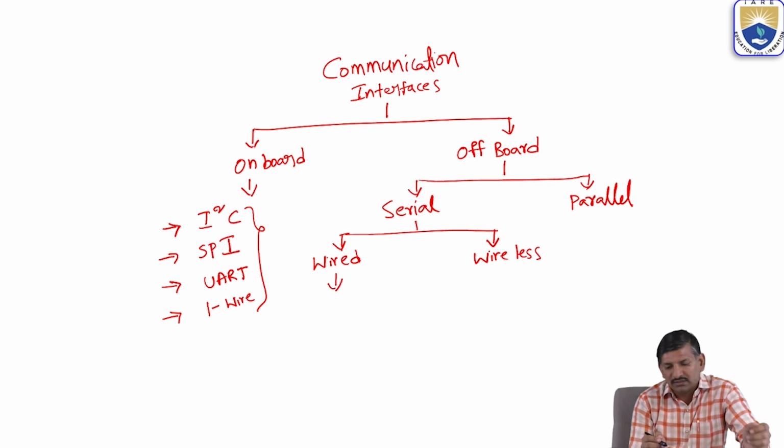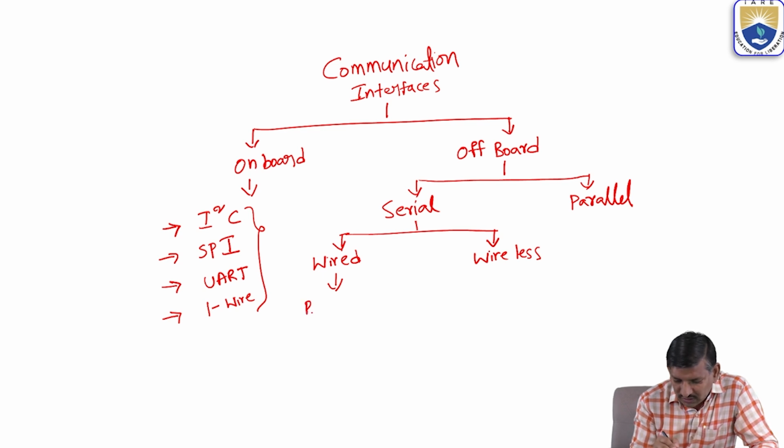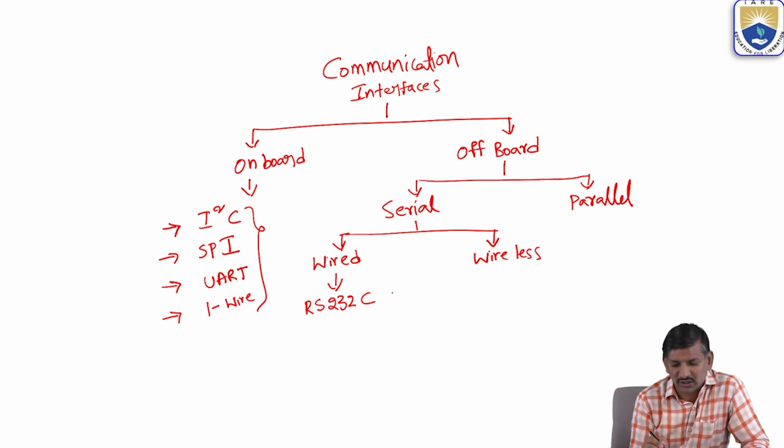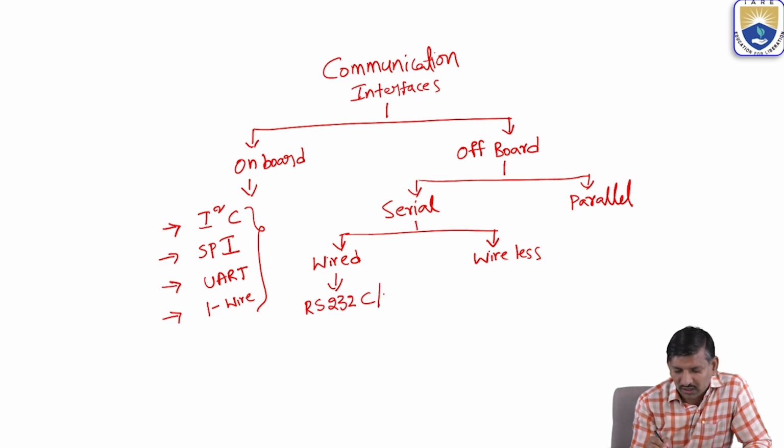Under this, first one is Recommended Standard 232 communication, where C is the version. RS232 cable, or 484 or 485. Next, universal serial bus, Ethernet.